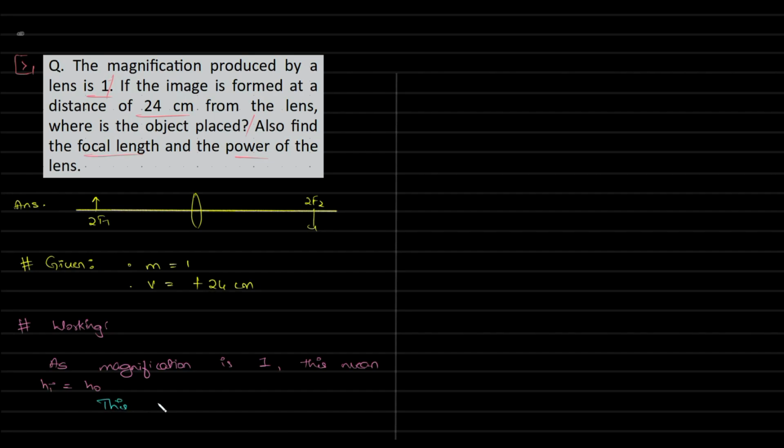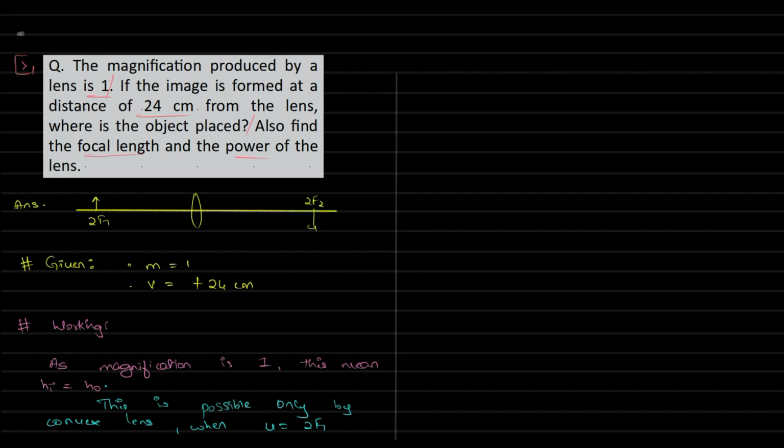This is possible only by convex lens when u is equal to 2f1, which is also equal to minus.